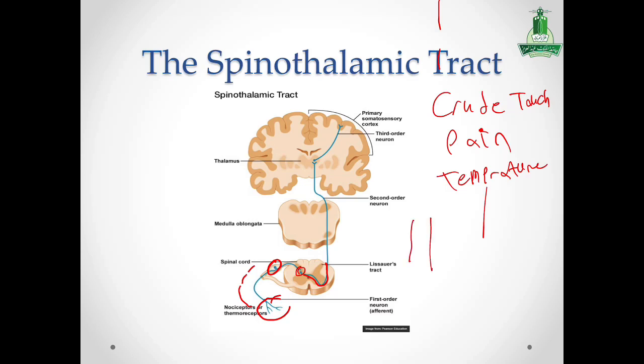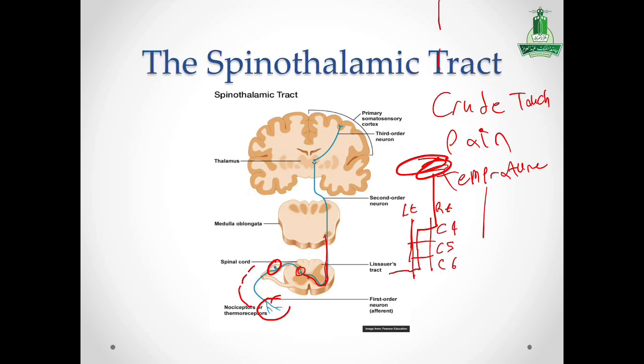Let's draw it for you. For example, let's say here C6, here C5, here C4, then here right and here left. If we assume the fiber is coming from the left side and enters at C6, it will go up 2 levels to C4, then it will decussate and continue all the way to the cortex. So it does decussate, however it goes 2 levels above, then it decussates.